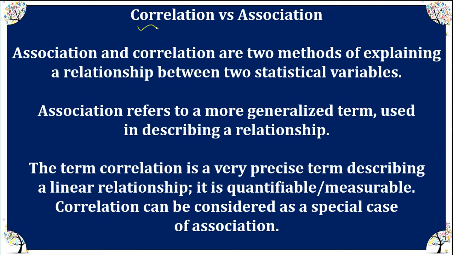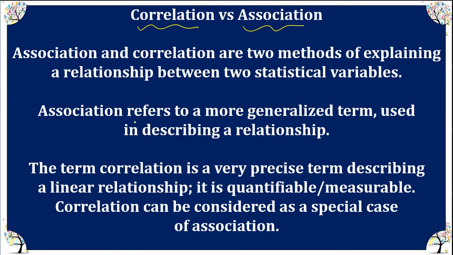So let's talk about correlation versus association. Sometimes folks use those interchangeably and maybe they don't use them correctly. So both of these terms are two methods to explain if there is a relationship between two statistical variables.